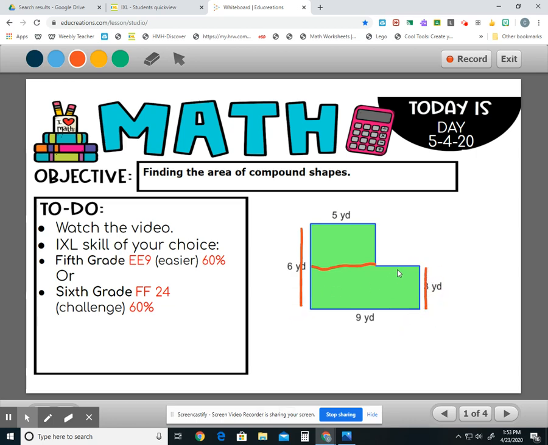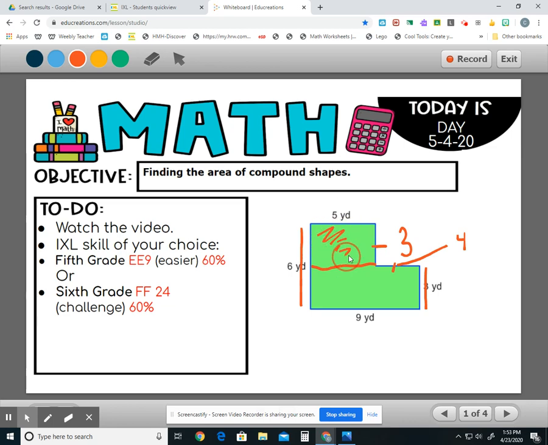So we have to infer that this part right here is also 3, because 3 plus 3 equals 6. Same thing with this bottom part is 9, and this part here is 5. So I have to infer that this little side right there is 4, because 5 plus 4 equals a total of 9. Once you have that worked out, then you can go ahead and solve the problem.